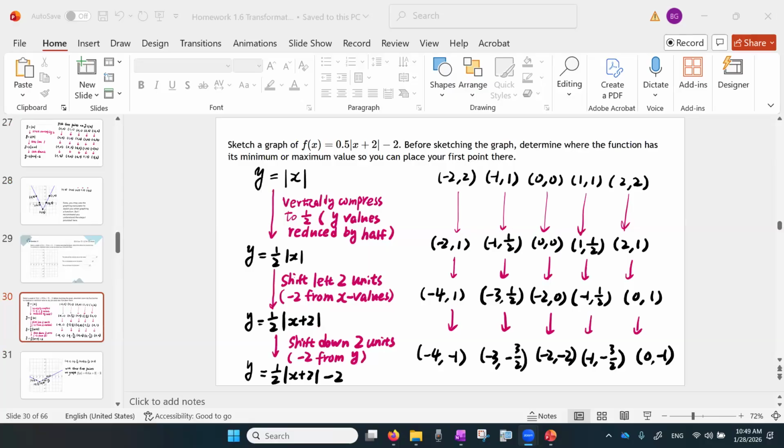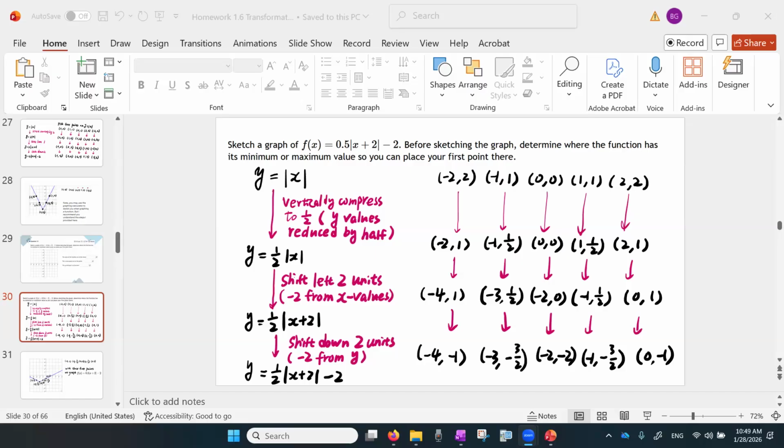Similar with this one. You have those convenient points on the mother function, right? After the transformation, those 5 points would become those 5 points, and you're going to use those points to draw the daughter function. This one, vertically compress. The y value is shrunk to half of the original, so vertically compress by 2.